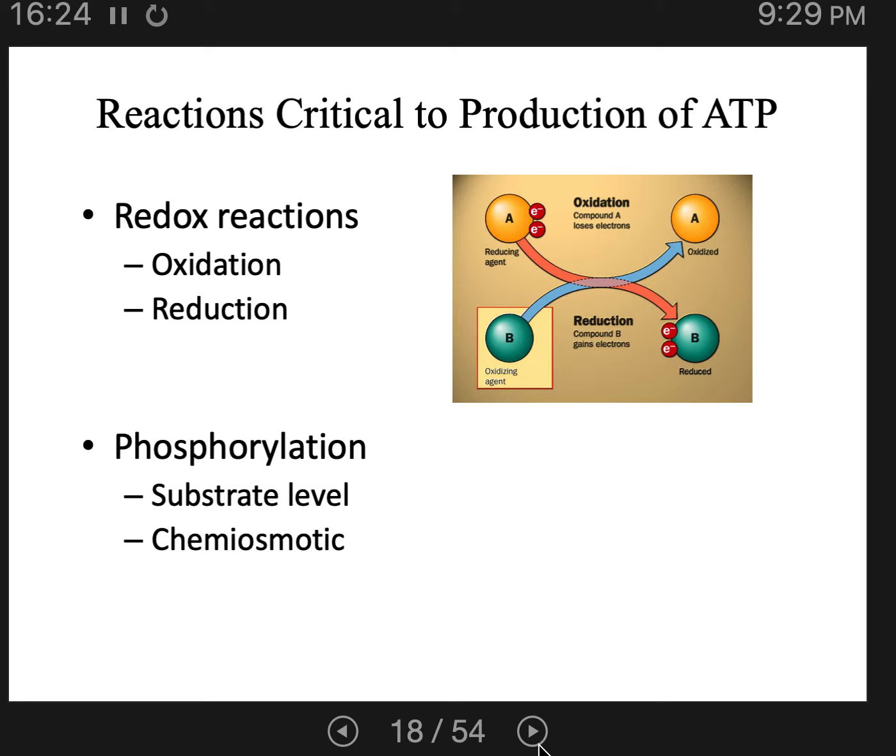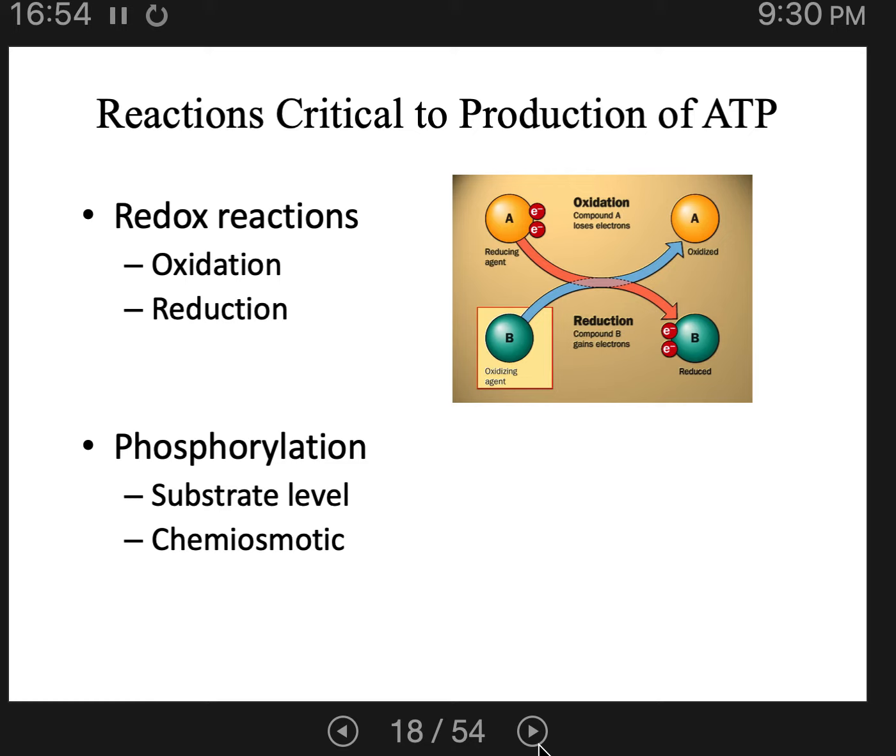And I'm one of those people who just can't memorize stuff like that. So I have tricks that I still use to this day. It's like I know what a redox reaction is, but which one is oxidation, which one is reduction, I always have to stop and think. So I like to remember Leo, the lion, goes grr. Leo, L-E-O, L stands for loss, E for electrons, O for oxidation.